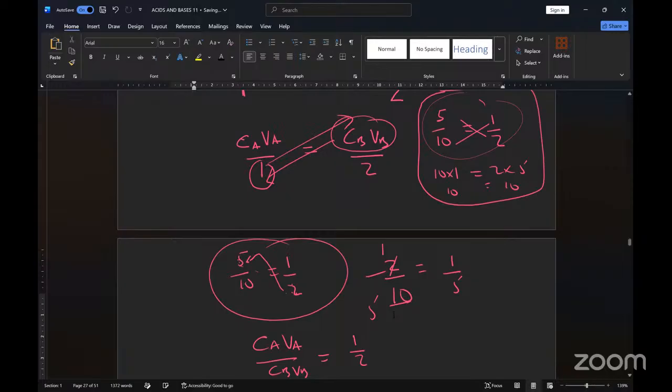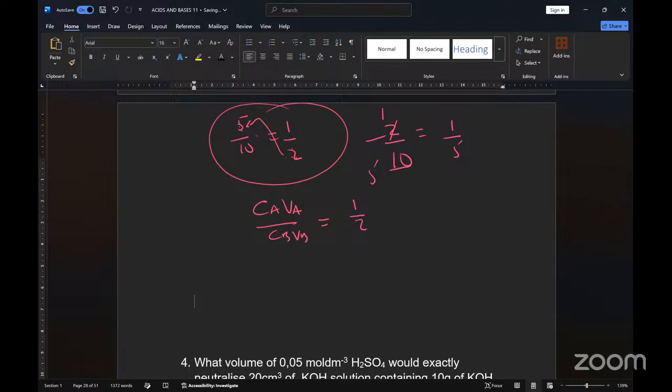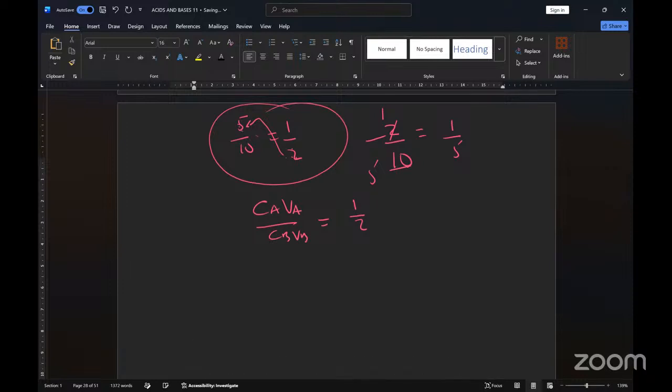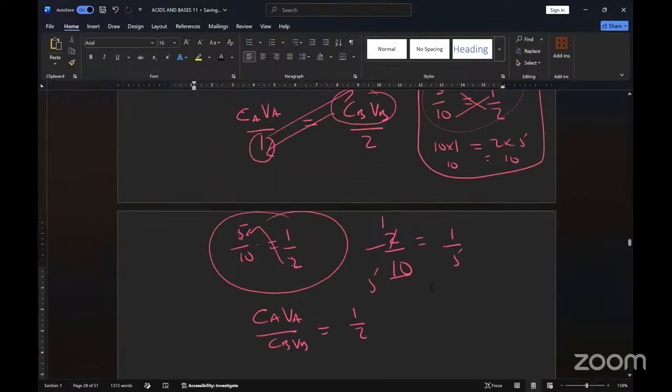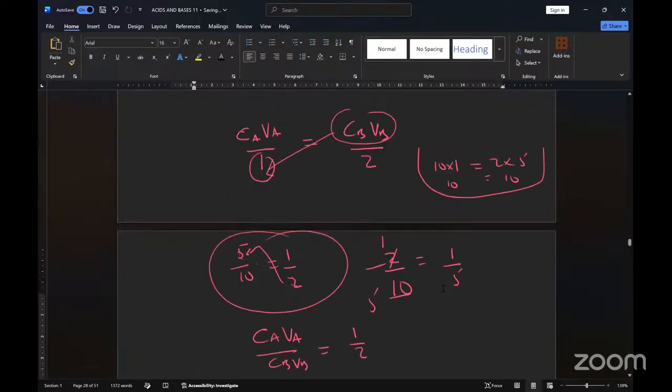Now you see the CV and the CV are on the same side, and the numbers are on the same side. So this is how we rearrange it. Going forward, this is what we are going to do.